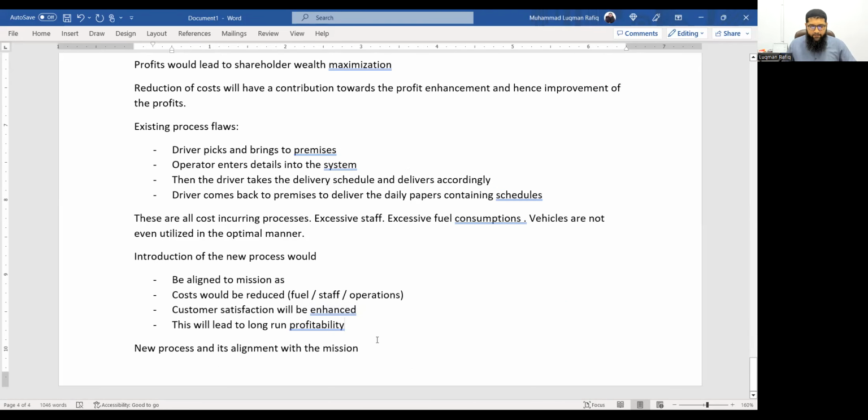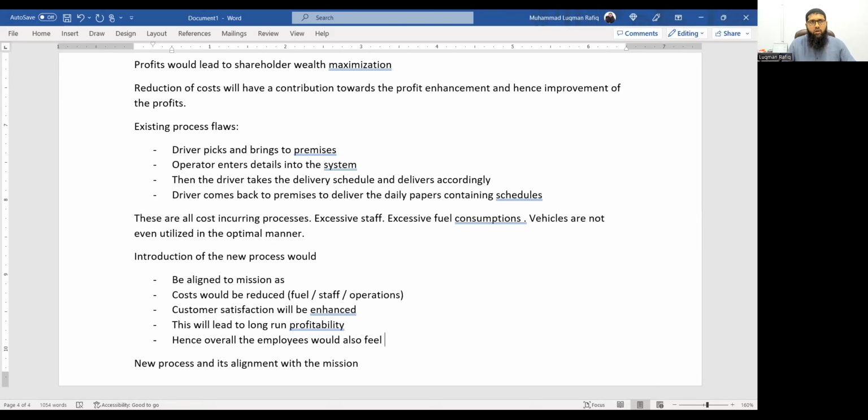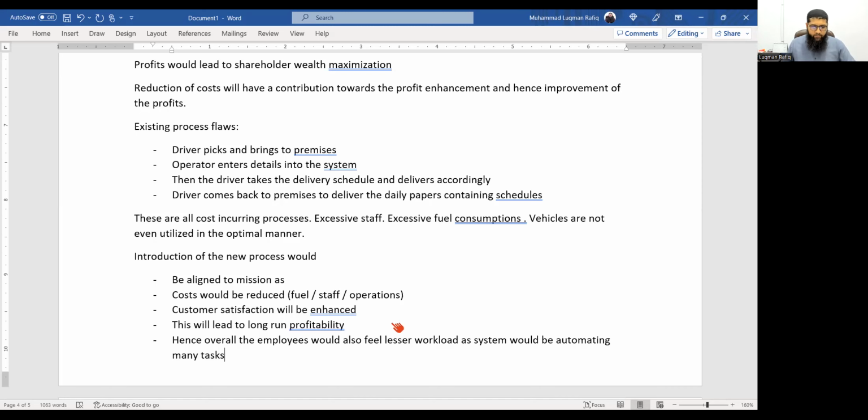Overall, the employees would also feel lesser workload as the system would be automating many tasks. So that is how you're actually going to answer this question.